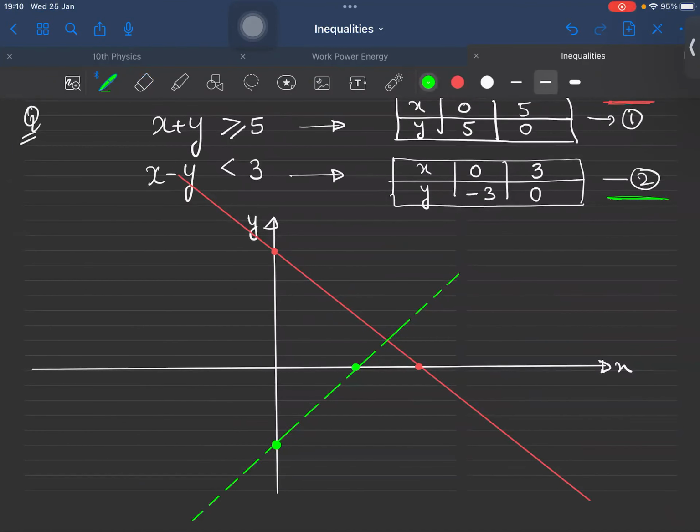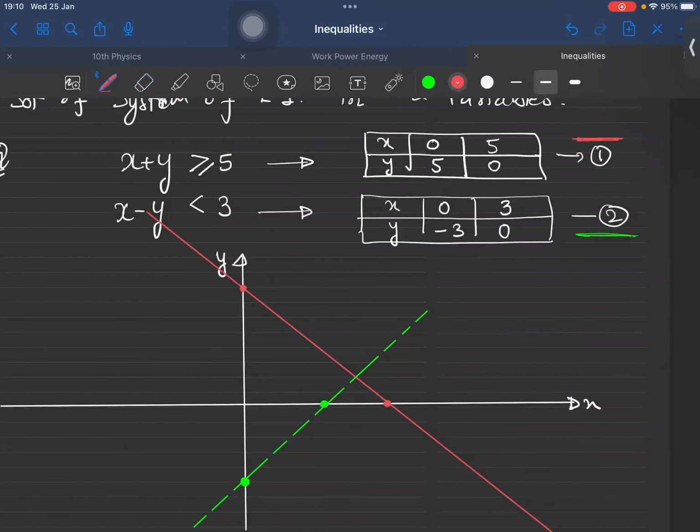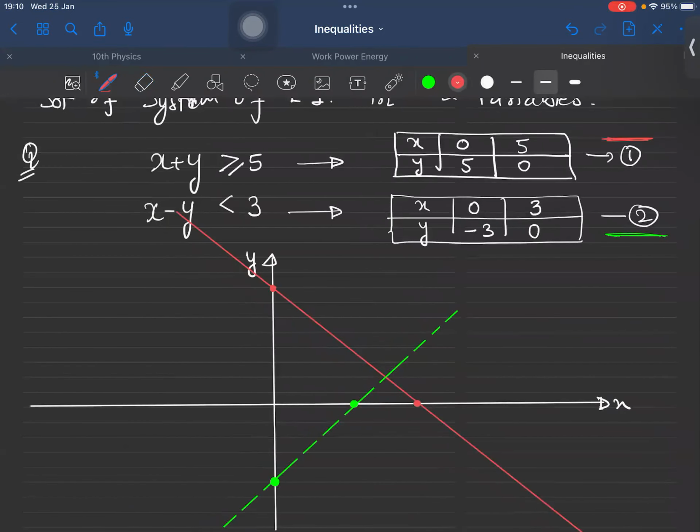All right, now see the first one. It says x plus y is greater than or equal to 5. That means all the values on this side, above the red line. Here, all the values here.